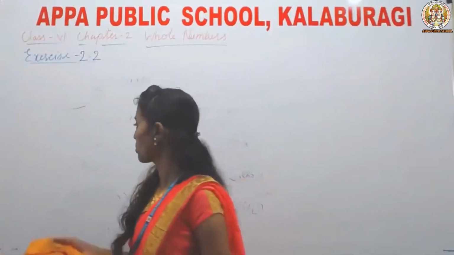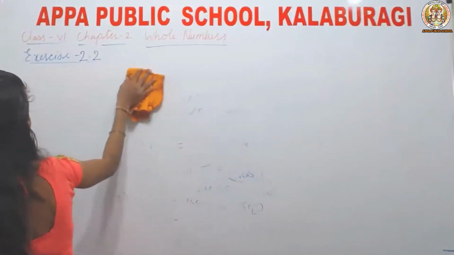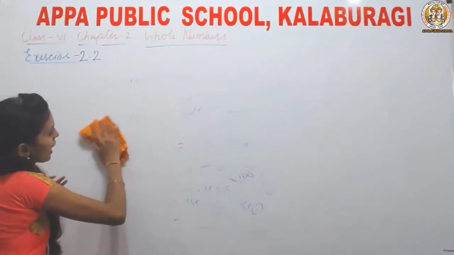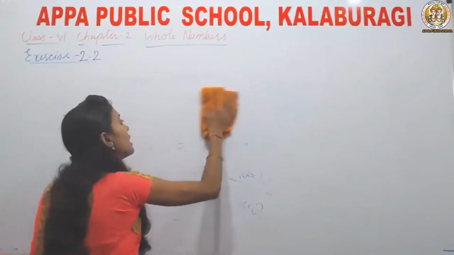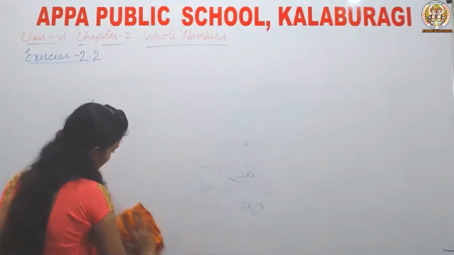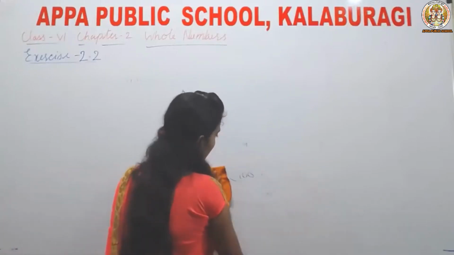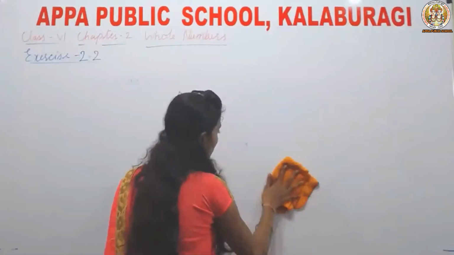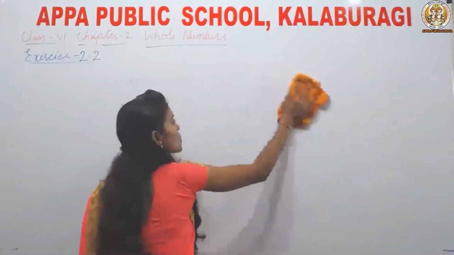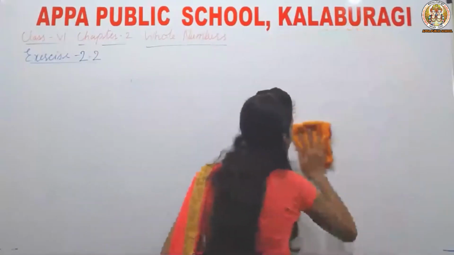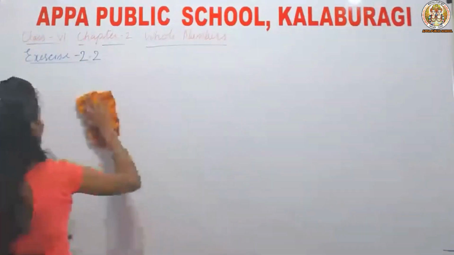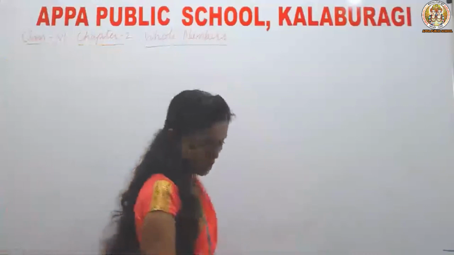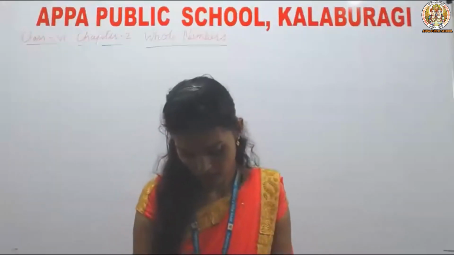So next 2 problems are based on addition and multiplication. You have to add and multiply also, but in which property will those 2 come together? You have to think. In one of the properties you have to do both. You have to add also, you have to multiply also. Along with that, you have to find the product also.